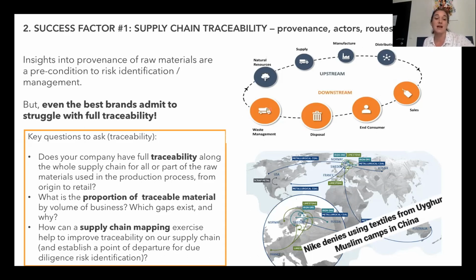So for example, we guide our clients in supply chain mapping through questionnaires that we escalate from first tier supplier to second, up to the source. So this is important to ascertain full traceability, I think, as part of your due diligence. And you can start with maybe one commodity as a pilot project, for example.